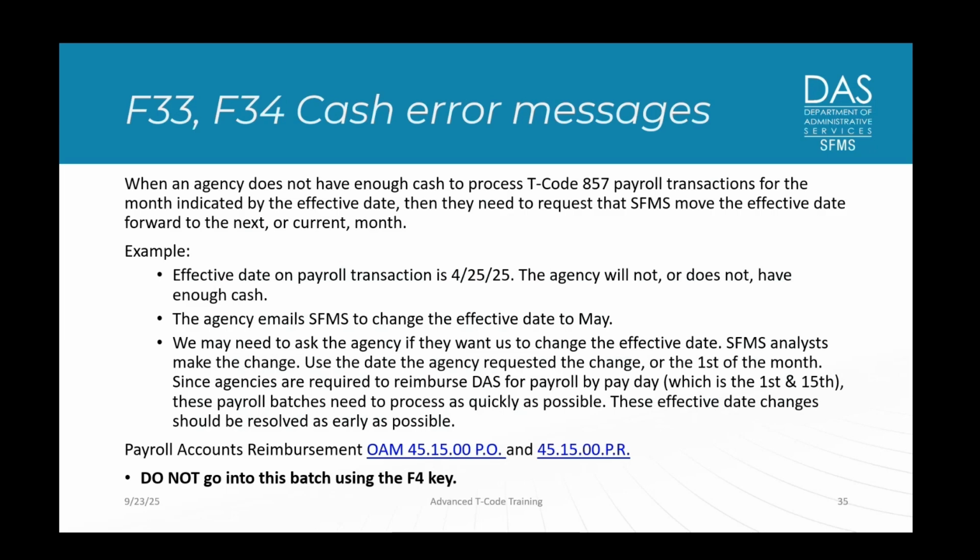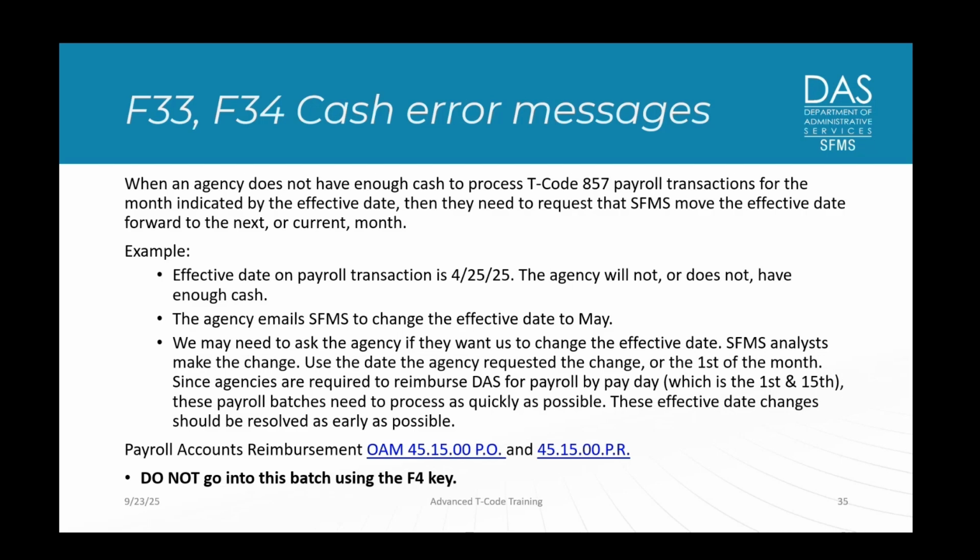I would like to highlight a couple of errors we receive a lot of questions about. A very important one is the cache error. When you see error code F33 or F34, this always indicates there is not enough cache to clear the payroll batch from the 530 screen.